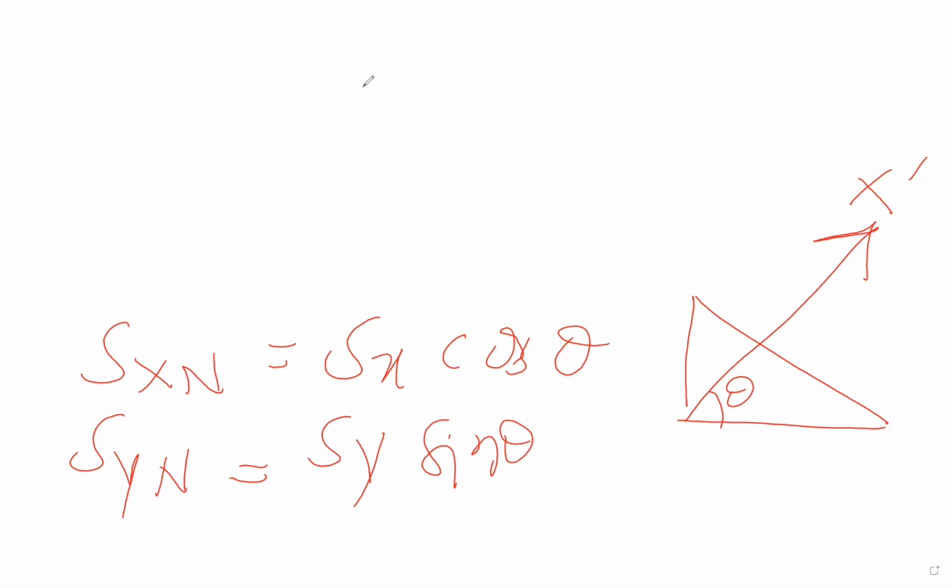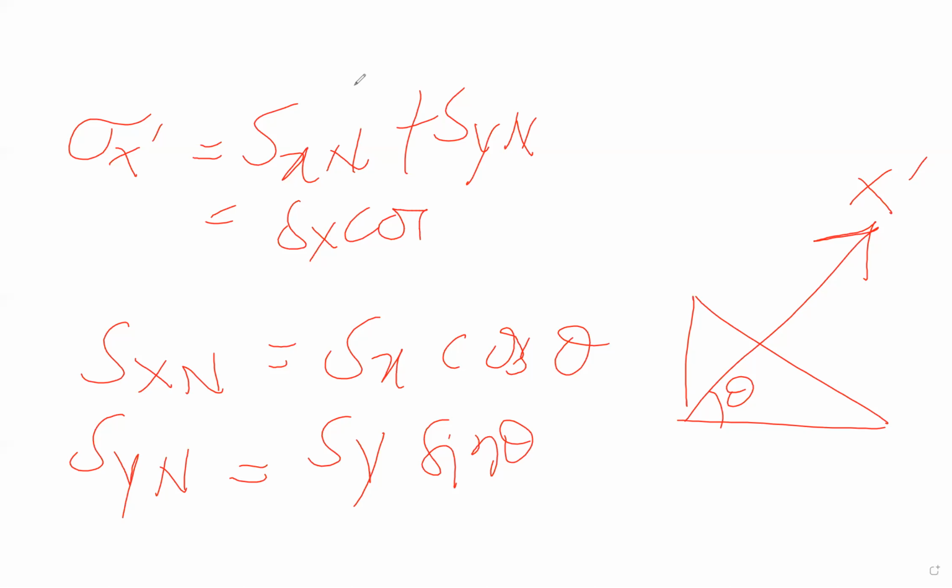If we calculate the total normal stress acting on the oblique plane, we can write that sigma x dash is the component Sxn plus Syn. So Sxn is Sx cos theta, plus Syn is Sy sin theta.